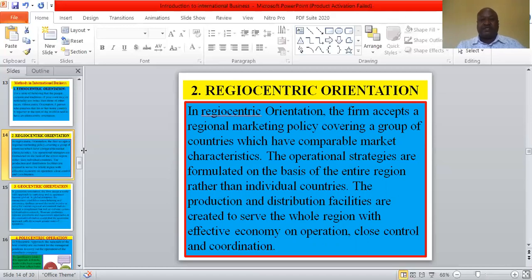The production and distribution facilities are created to serve the whole region with effective economy of operation, close control and coordination. It could be the East African region, it could be ECOWAS, it could be IGAD. Those could be regional-centric orientation kinds of firms.